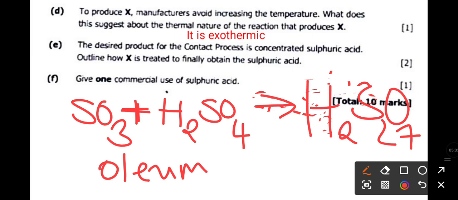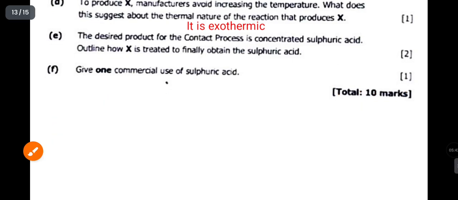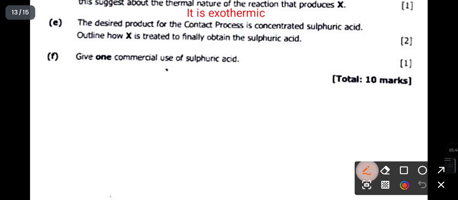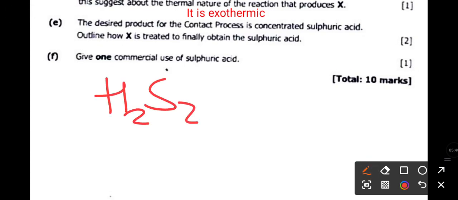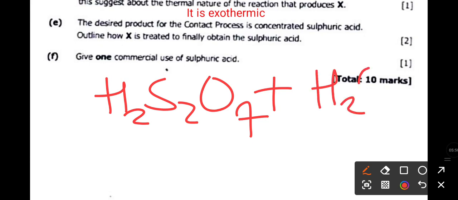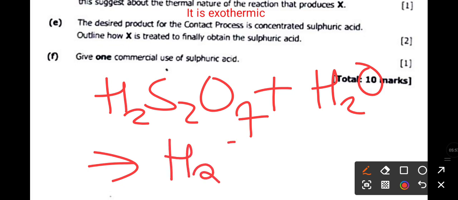Okay, so this is the liquid that will form. Right, then step number 2, this liquid, the oleum, is diluted. It is diluted with water. Okay, so this produces the sulfuric acid that we want.